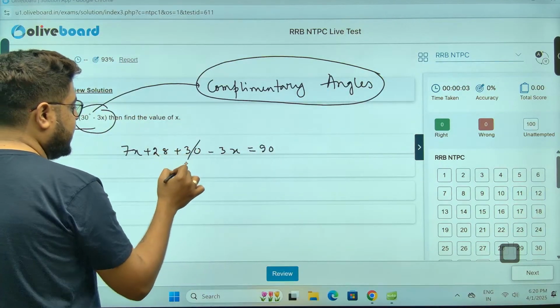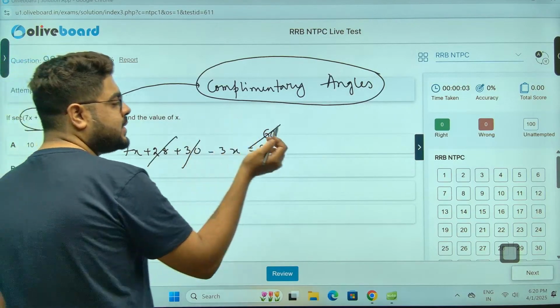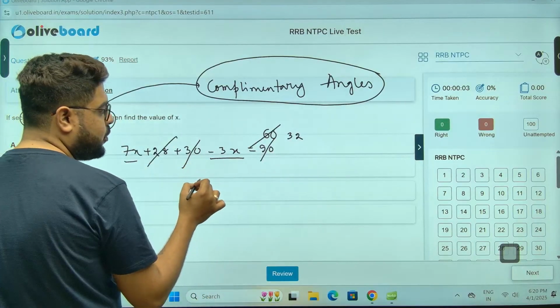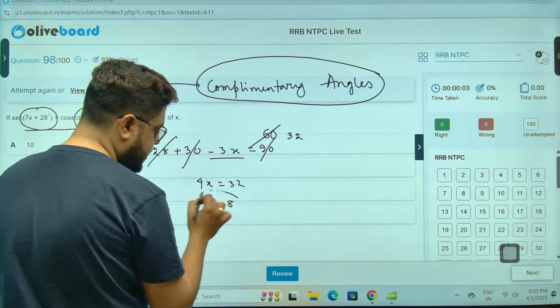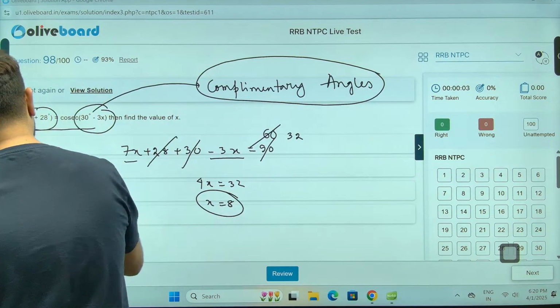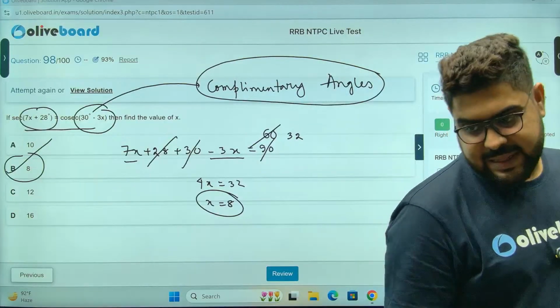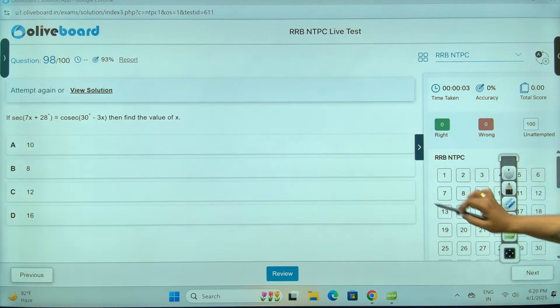So 28 plus 30 is 58, 90 minus 58 is 32. 7x minus 3x, 4x is 32, sir. X is 8, option B, sir. That is your correct answer, and I hope that was our last question.